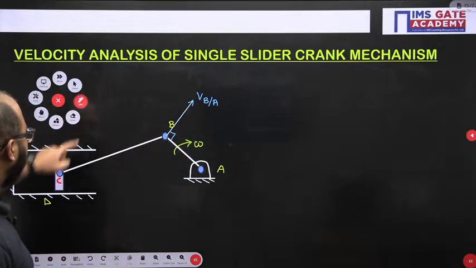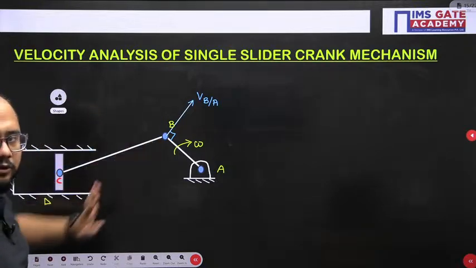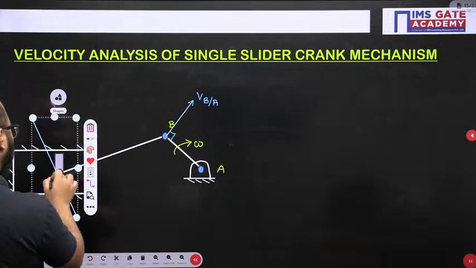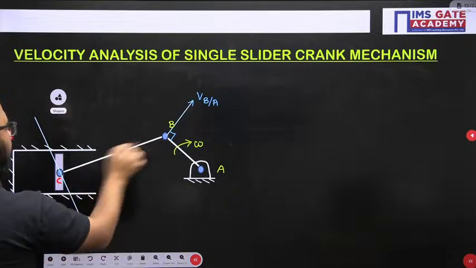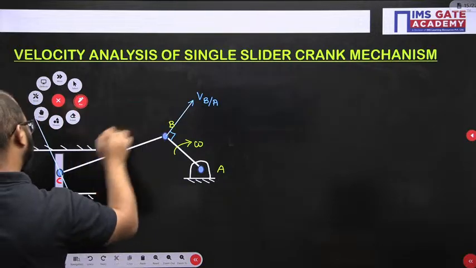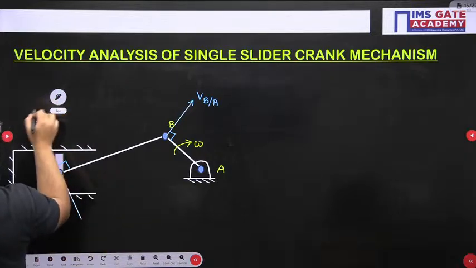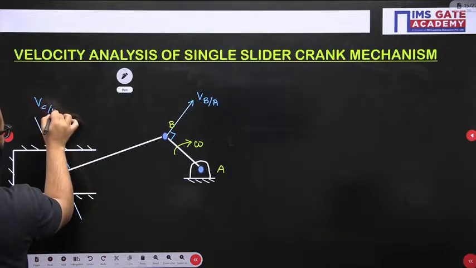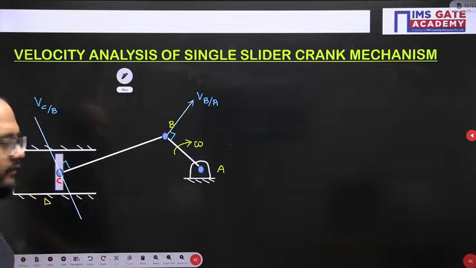Now the next vector I am going to draw is for C with respect to B, and one thing is sure that it will be perpendicular to link BC. So this vector we have drawn for the velocity of point C with respect to B.